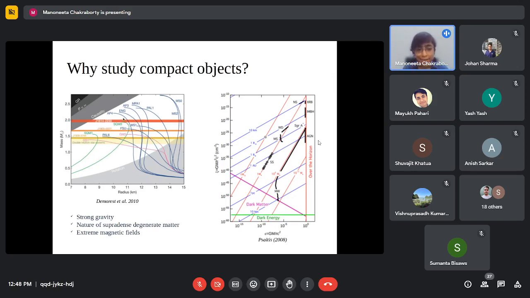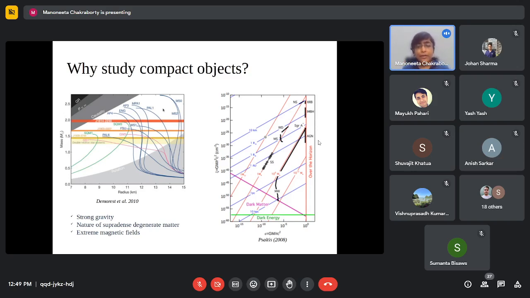We know how an ideal gas behaves. What is the equation of state of an ideal gas? These solid lines that you see are basically the equations of state of that exotic matter, the different proposed models that give the equation of state. And if we can clearly measure the parameters of a neutron star, the mass and the radius and similar quantities, we can pinpoint which one of these models is correct, or in other words, what the equation of state of such exotic matter would be.